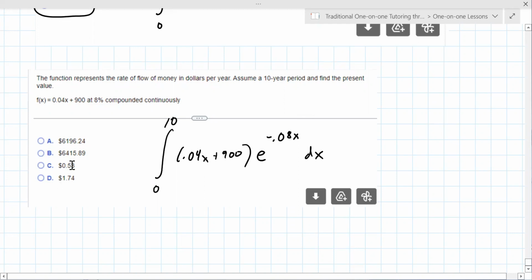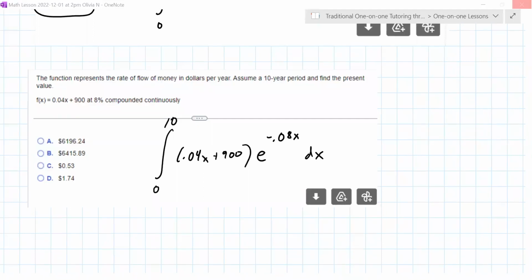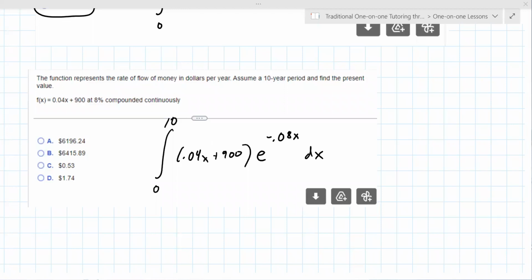You have to, because it's numerical answers. They're not nice like we've seen in some other problems. But this is like you deciding, okay, I'm going to put in $900 a year, but I'm going to increase it by 4% each year, and I expect an 8% return on your money. From 0 to 10.